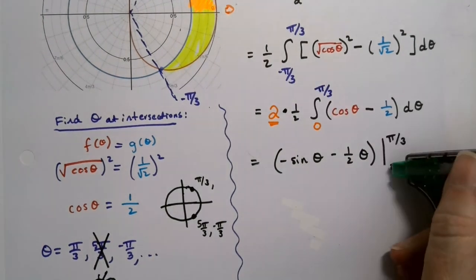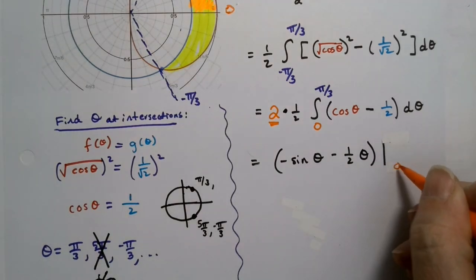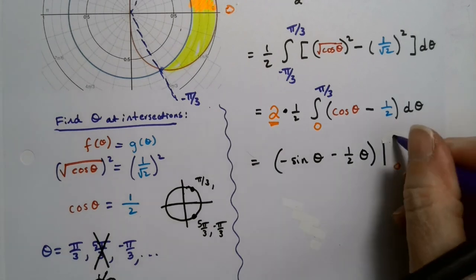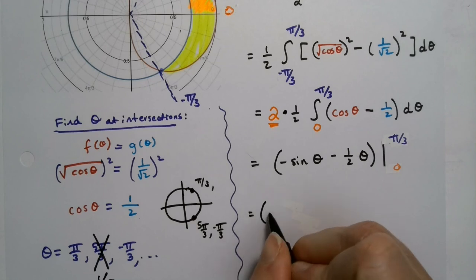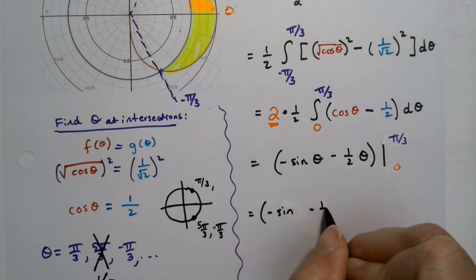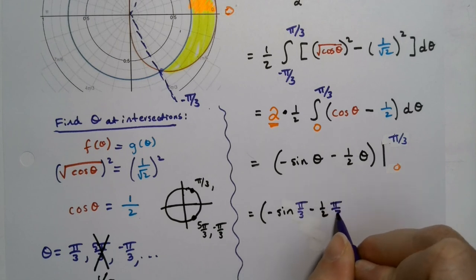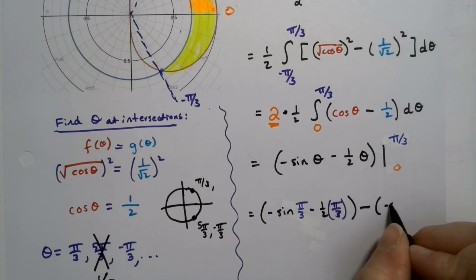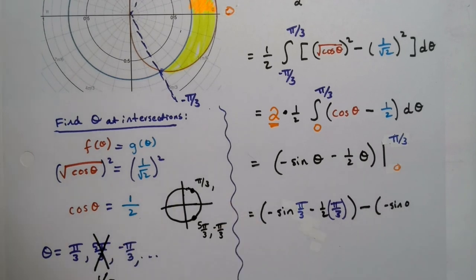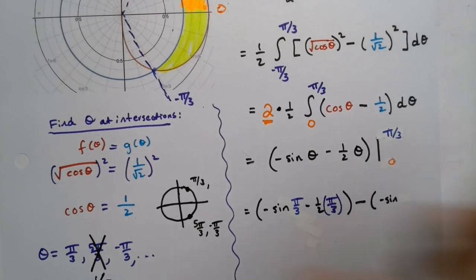Actually, I'm going to keep my color coding just for those pieces to make it clear. When I put pi over 3 in, that would be the negative sine of pi over 3 minus 1/2 times pi over 3. And all of that is minus the negative sine of 0 minus 1/2 times 0. And if you're thinking what I'm thinking, that's all 0, and the answer is yes, it is.